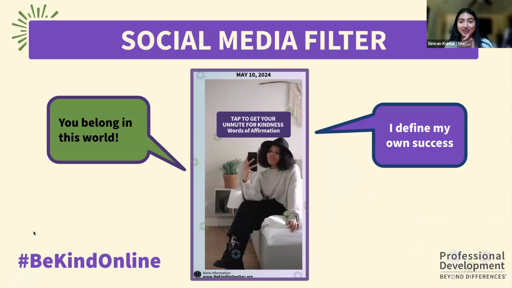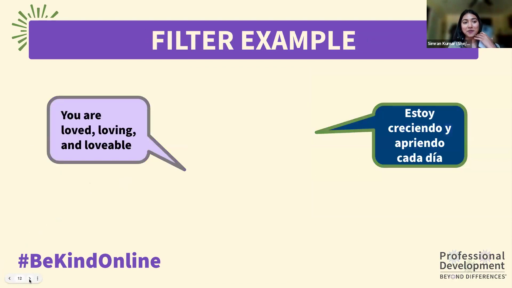And how you can flip the camera is by double tapping the screen and the camera will flip. It'll flip either to selfie mode or to the outside mode. And then you'd like to stand close enough to the camera so that a purple text box appears above your head saying, tap to get your unmute for kindness, the words of affirmation, like you can see here on this PowerPoint. Next slide, please.